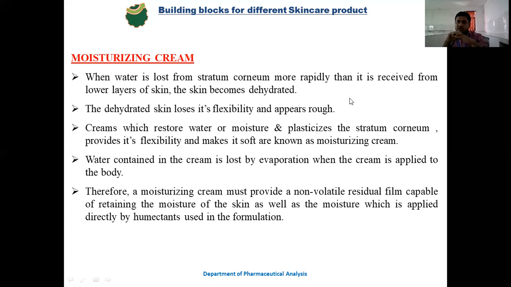That's why it retains its flexibility and remains soft. So that's why the definition is that the cream which restores water or moisture, plasticizes the stratum corneum, and provides flexibility and makes it soft is known as a moisturizing cream.